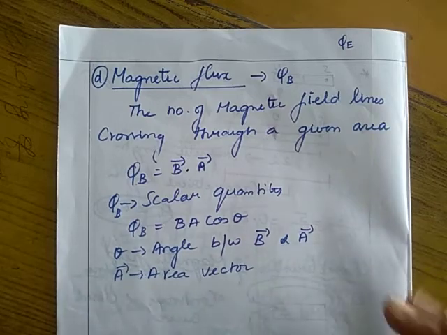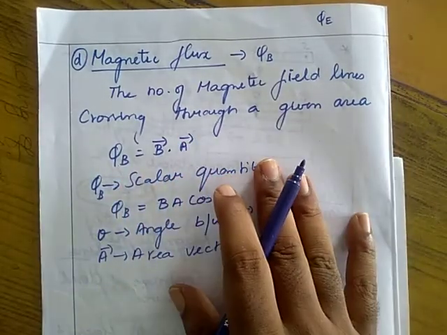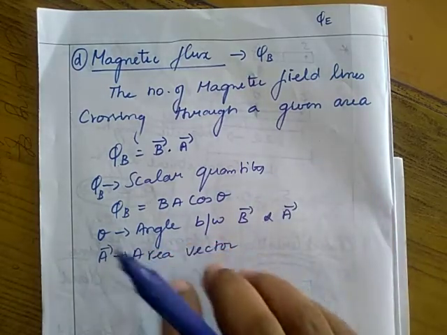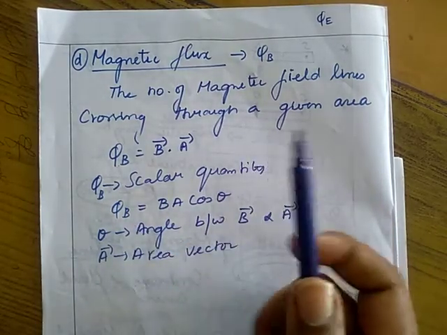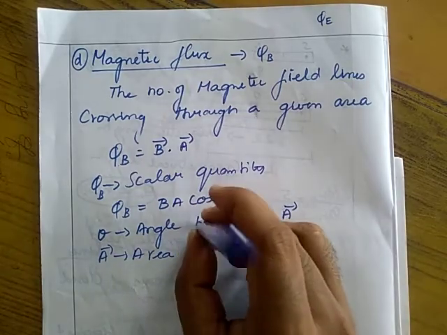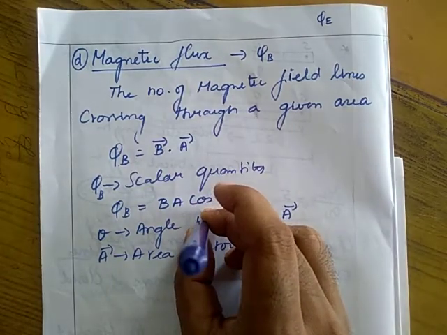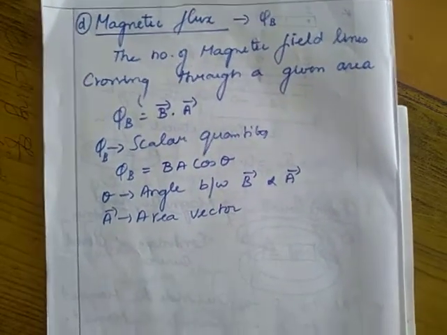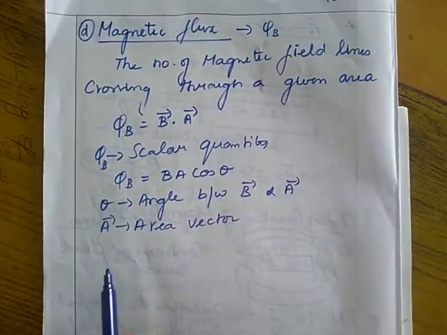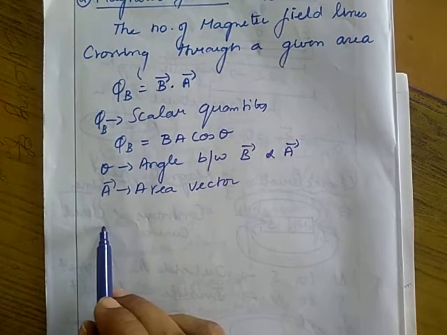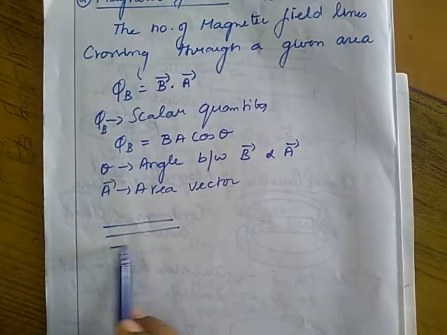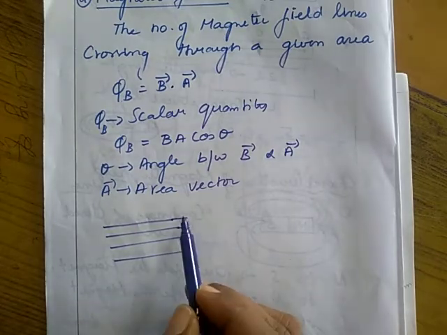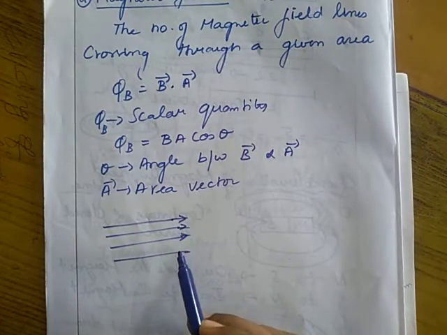We know very well, suppose for this paper, if we draw an area vector, then the area vector must be perpendicular to this plane. It is the area vector for this plane. Then suppose I consider a uniform magnetic field like this, the direction is from left to right.